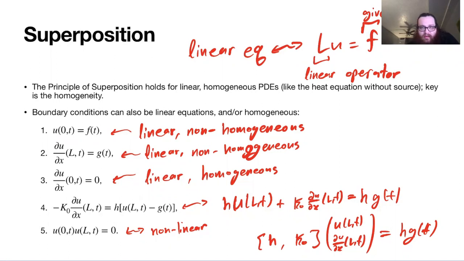How we'll get at solving that is we'll find a bunch of solutions to the heat equation, use the fact that it's a linear homogeneous equation, and then use this principle of superposition to add all of these solutions together to get another, more general solution. That's what you can expect coming up.